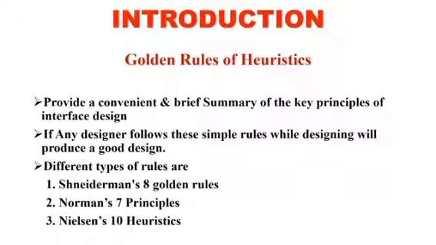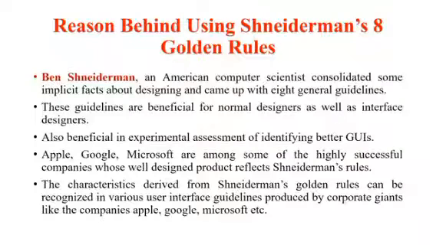There are different types of rules, such as the first one, Schneiderman's 8 golden rules, then Norman's 7 principles, and Nielsen's 10 heuristics. Next, let us see the reason behind using Schneiderman's 8 golden rules.